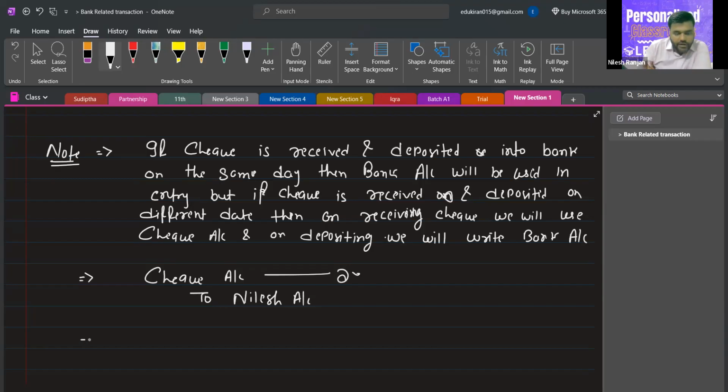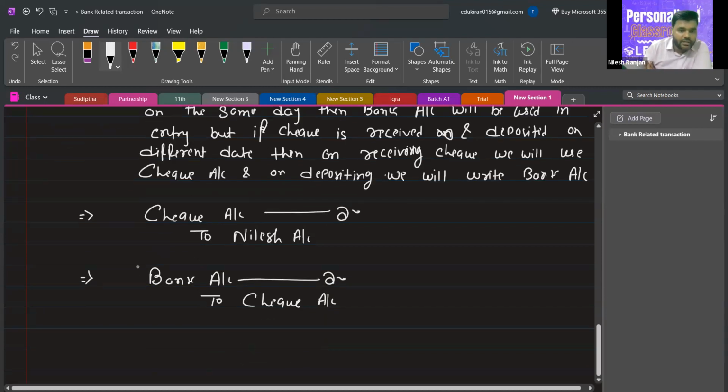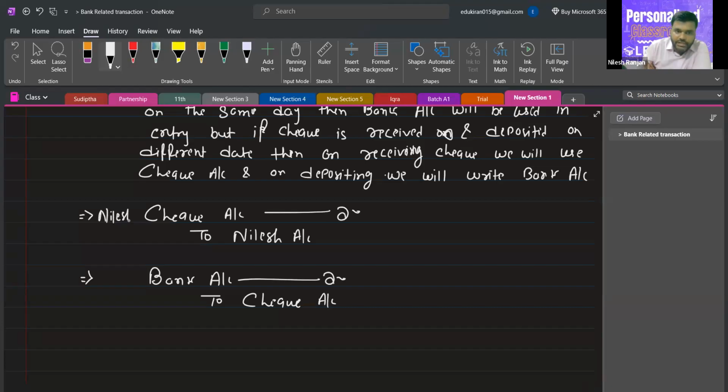And when you deposit the check into the bank, then you will write bank account debit to check account. Now, if there is more than one check in your entry, then you will write the name of the person giving the check. So you will write Nilesh check account debit to Nilesh account and bank account debit to Nilesh check account. Okay.